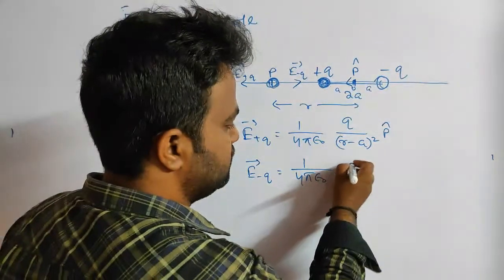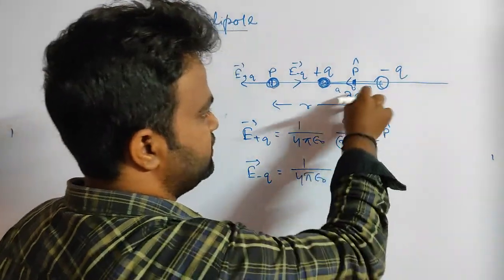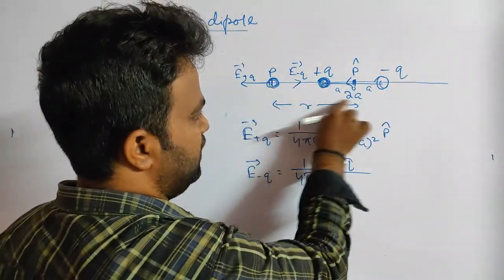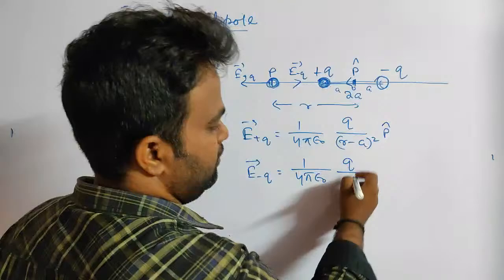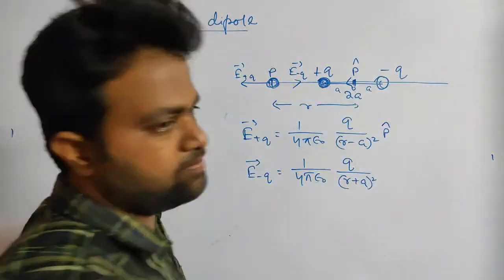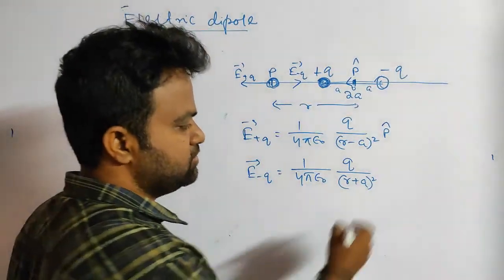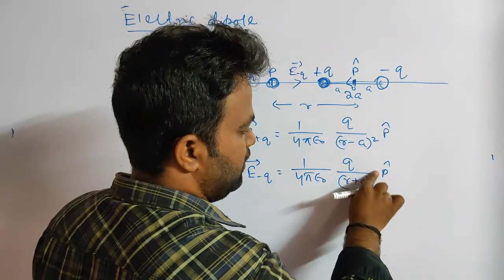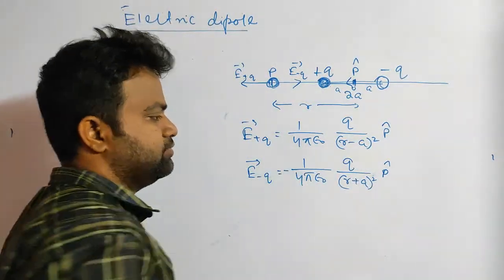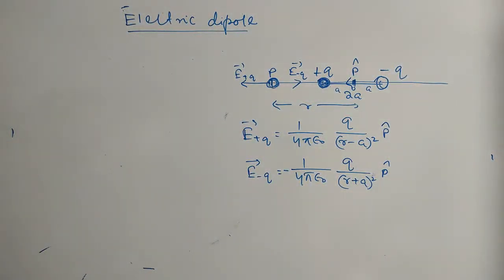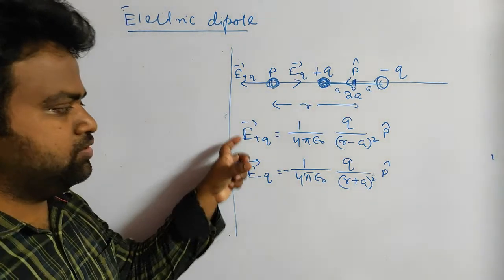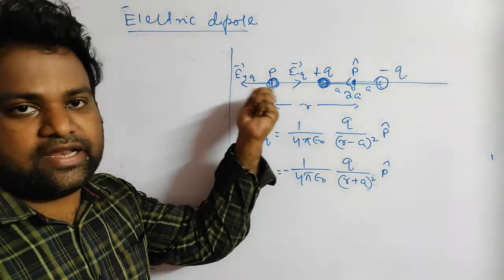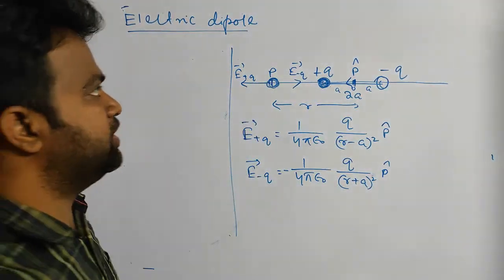So I will write charge Q, and the distance up to minus Q from P is r plus a whole square, and the direction is opposite to E plus Q as the charge is a negative charge. So I will write minus p cap here, or I will write this minus symbol at the beginning. Now we will just add the two vectors, okay, and we will get the net electric field at the point P. That's what we are doing.